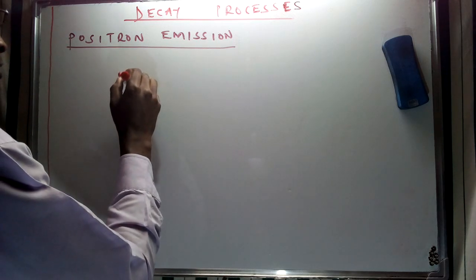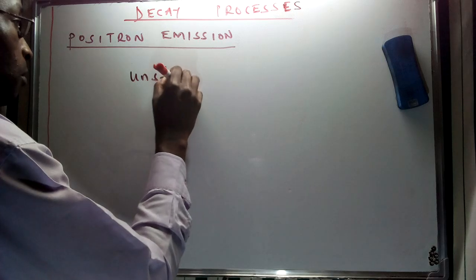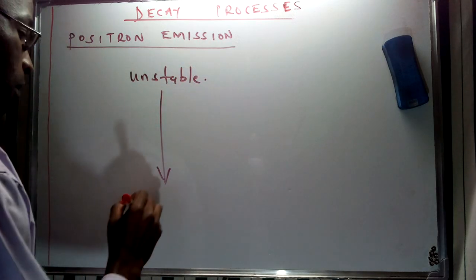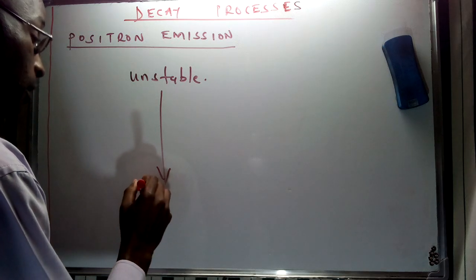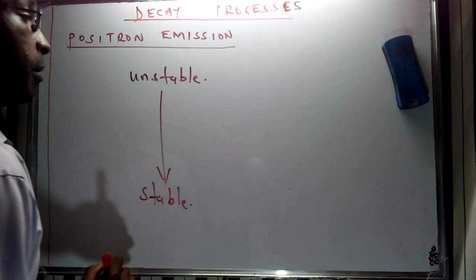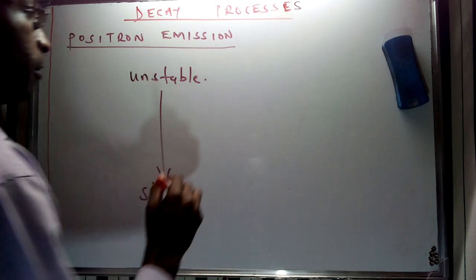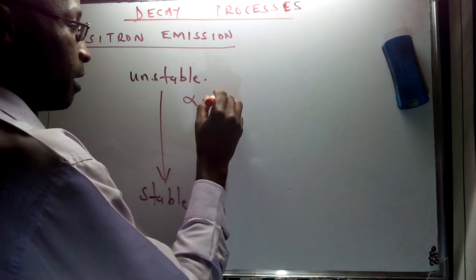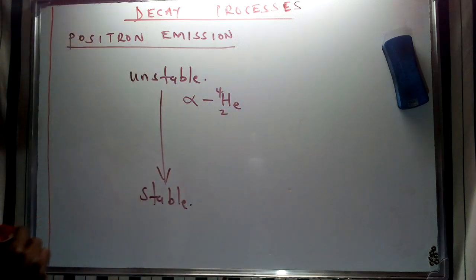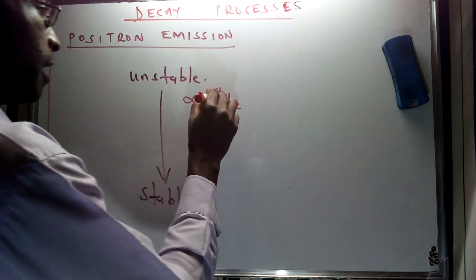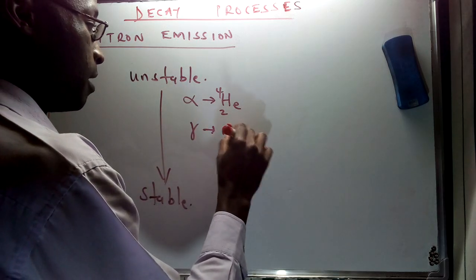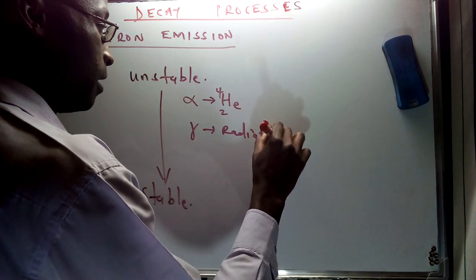In this particular case we had said that for an element to be stable it has to undergo some of these specific transitions that we mentioned, which are of course radioactive decay processes, and this is going to lead to the formation of a stable element. In between here we have looked at various processes: alpha decay, which is a release of a helium nucleus, and gamma, which is radiation and a form of energy.